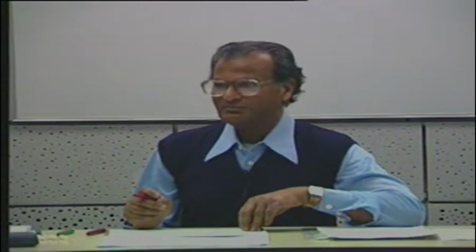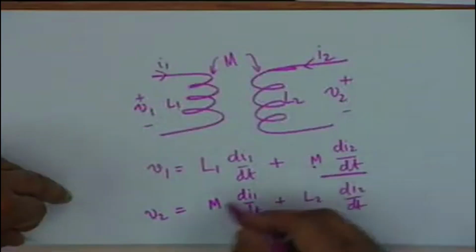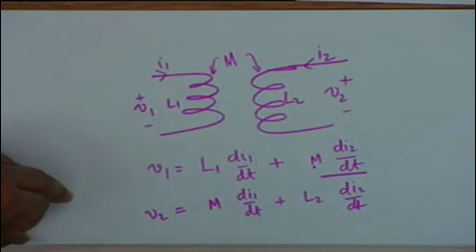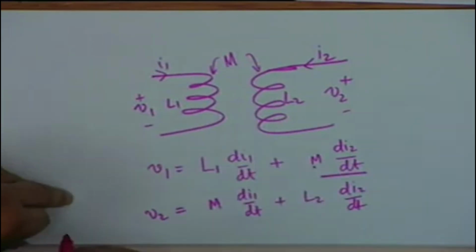Does it require further explanation to convince you that they are indeed equal? Because the cause and response, the excitation and the response, are interchanged. Therefore, the coefficient or the ratio of the two must be the same. That is why we have used the same mutual inductance. Now, the voltages do not necessarily add.